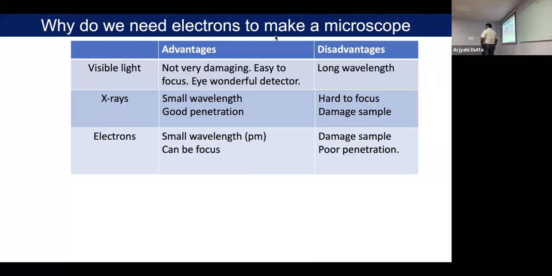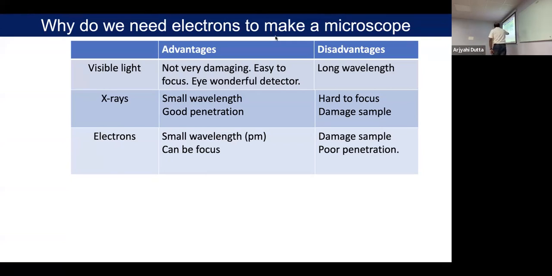Now we come to the X-ray. It has a small wavelength and good penetration power. That is the reason we use X-ray when there is a broken bone or something. We use a lead cover on the rest of the body, and the X-ray goes through our lipid, fat, or protein, everything, and then we can see the bone, whether there is a fracture or not. But it can damage the sample because it has a lot of energy.